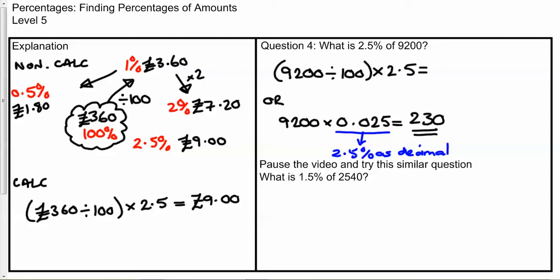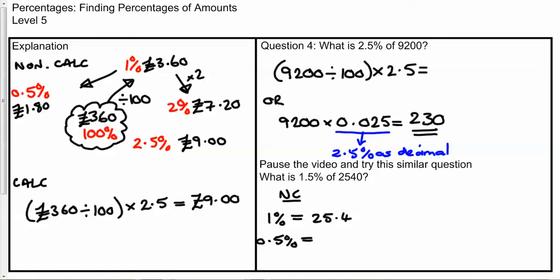Okay, welcome back. Now, the question we're having a go at is finding 1.5% of 2,540. If you did the non-calculator method, then I would presume you would have found 1% to be 25.4. You would have found 0.5% to be a further half of that.